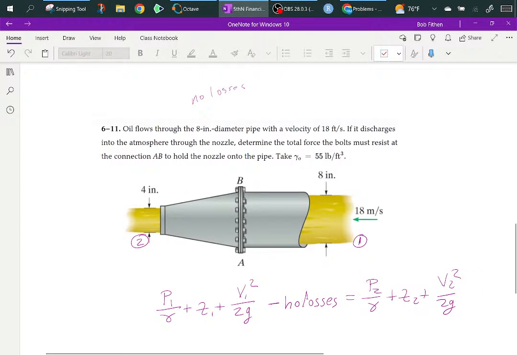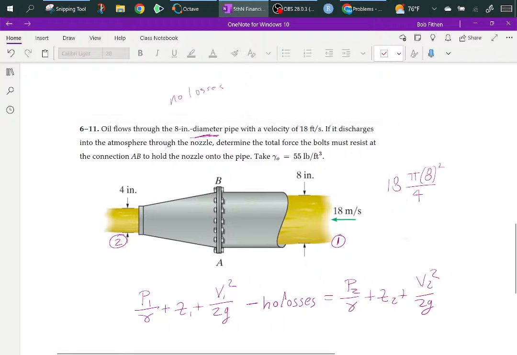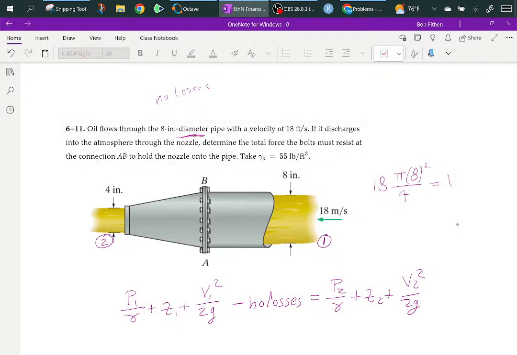If it's an 8-inch diameter pipe, then 18 times pi times 8 squared over 4, and it doesn't really matter whether I divide by 12 squared, is equal to V2 times pi times 4 squared over 4.